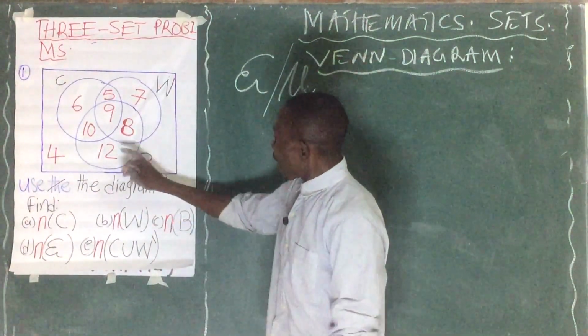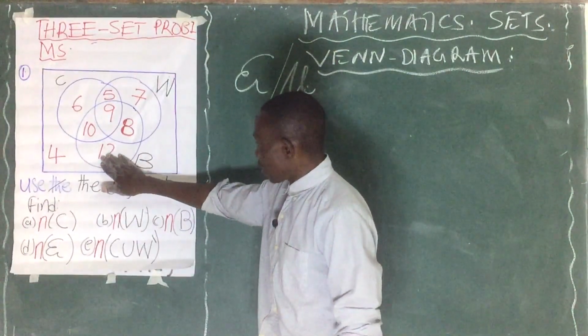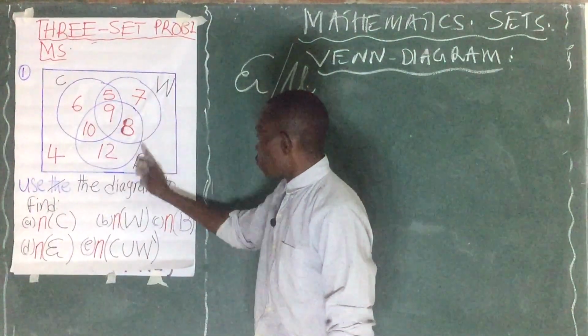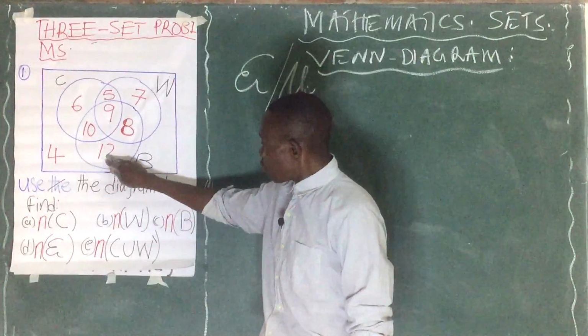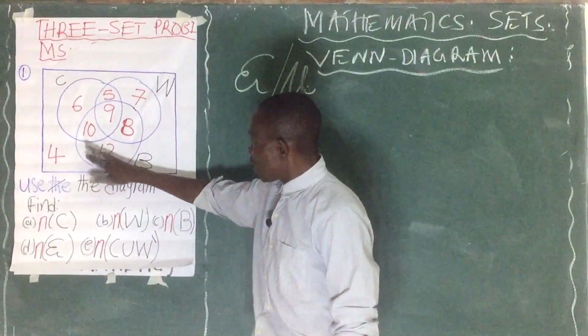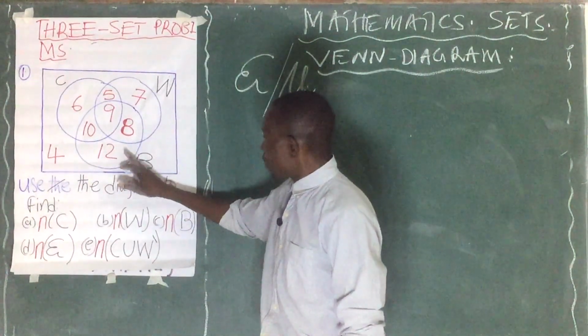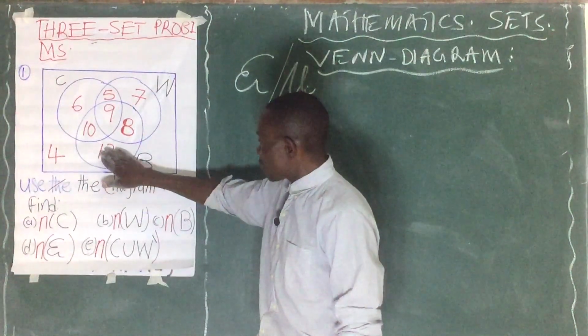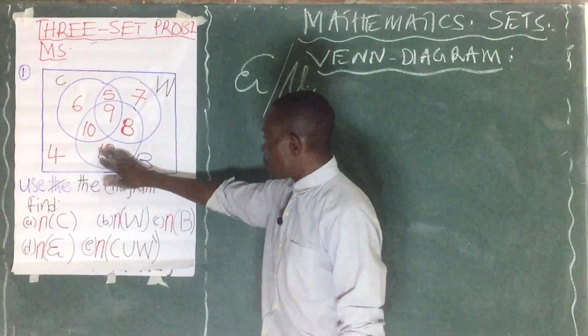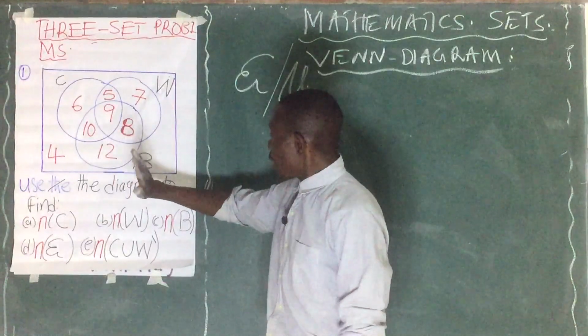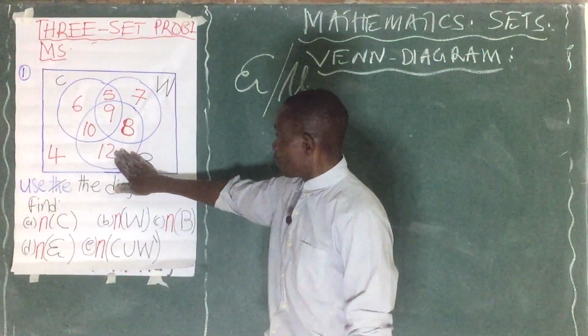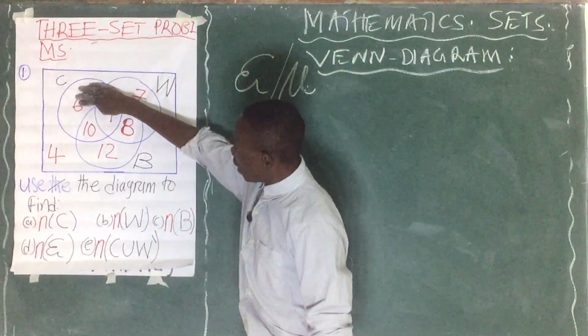If you look at 12 at this space here, you find that 12 is found in the space of B. So no other set from C and M is passing through this space. This 12 represents the number of elements which are found in B only, and the same applies to 6, which is C only.